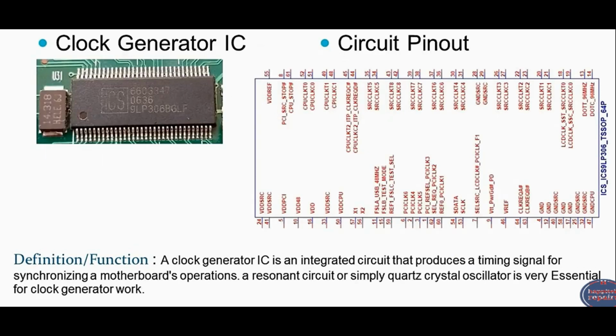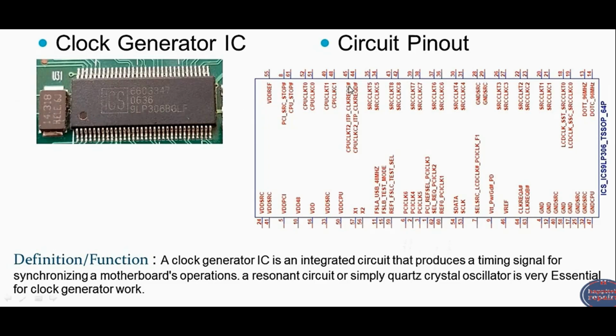As you can see here, the clock generator IC is one of the most important ICs in every computer motherboard, because without this clock generator the motherboard cannot work properly. This IC synchronizes all components in the motherboard in order to work properly. Always near the clock generator you will find a crystal oscillator.